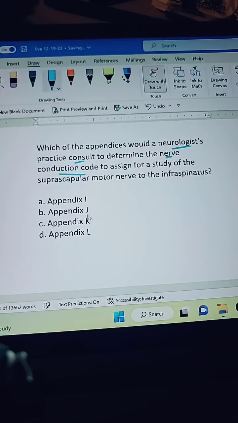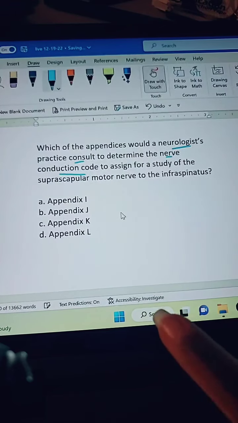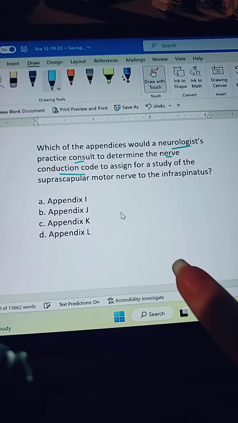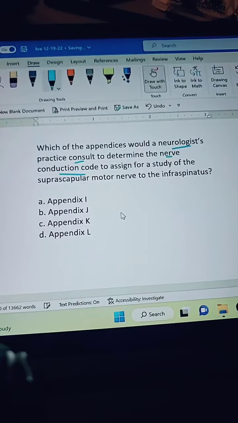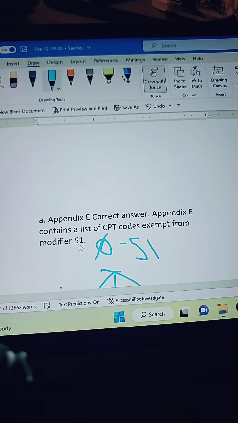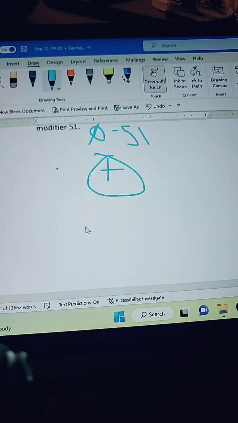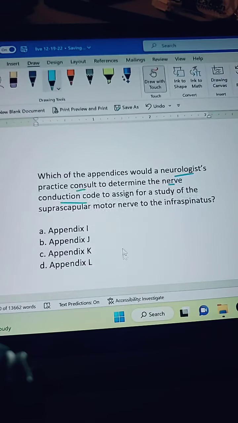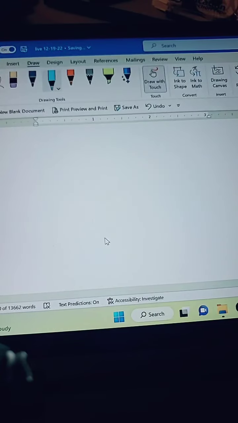Anybody know which appendix does this one? You got this one on your test. Which one? I just remembered it was the earliest appendix. Was it this one? I know this one's been on the exam before about the modifier 51, or are you talking about this fancy one, the one before?